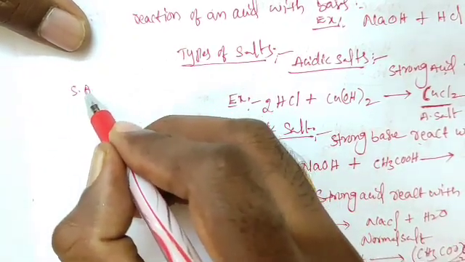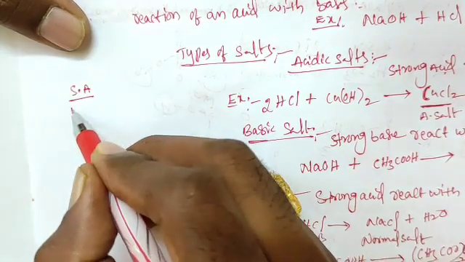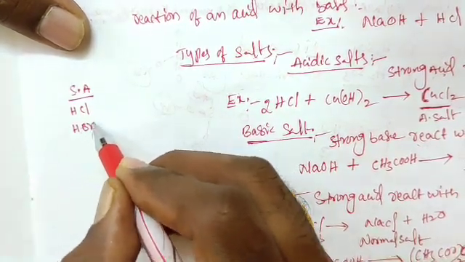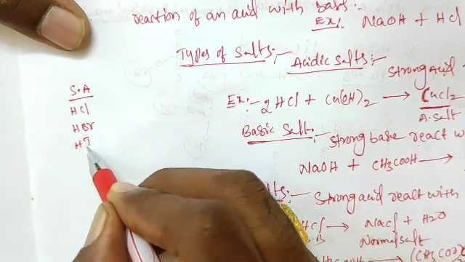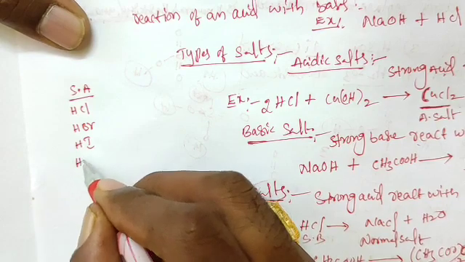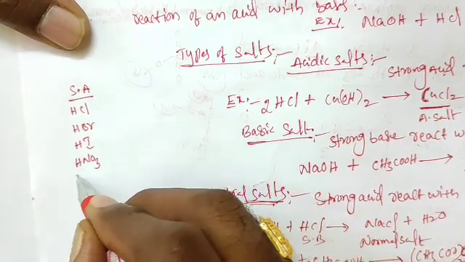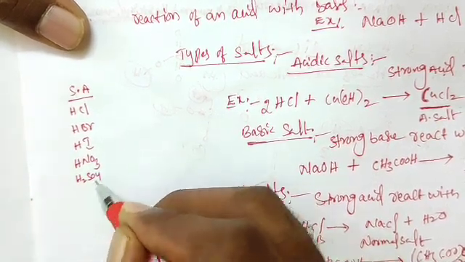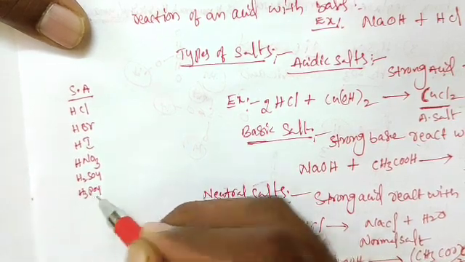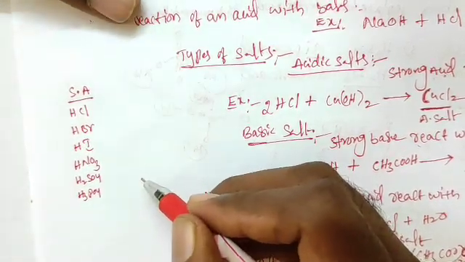First, strong acids: HCl is a strong acid, HBr also a strong acid, HI also a strong acid, and HNO3 also strong, H2SO4, H3PO4, like strong acids.